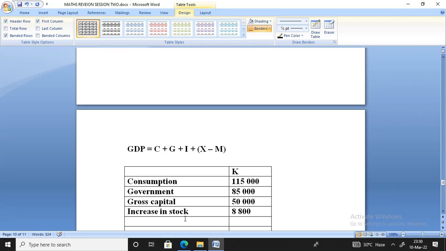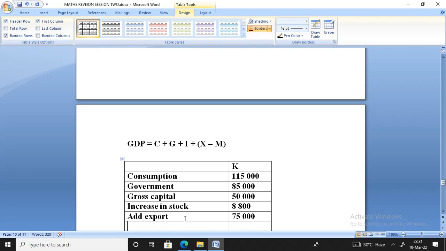When we add those two figures, we have total expenditure, but we need to add imports and exports, so we can do it directly there. So add export value. The export value was 75,000, and then less the import. That's the net export. So less the import value.